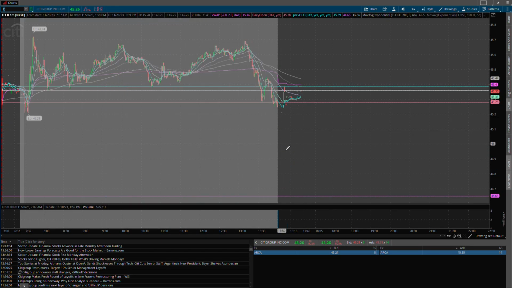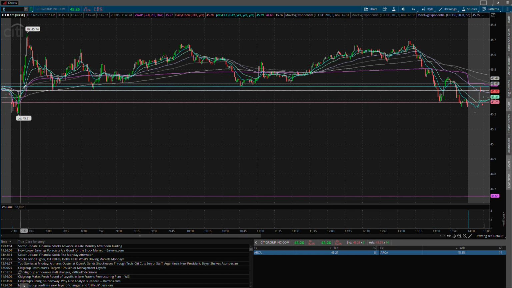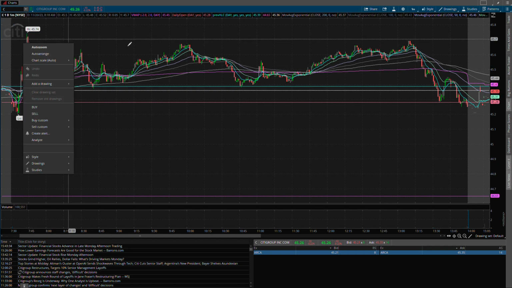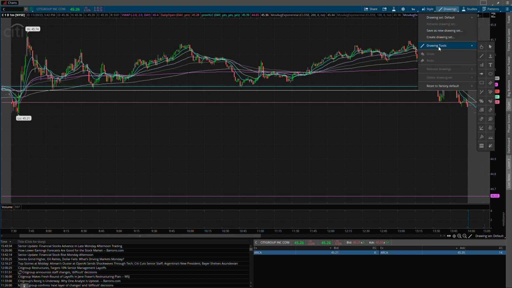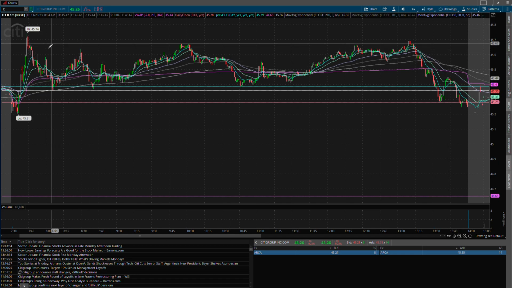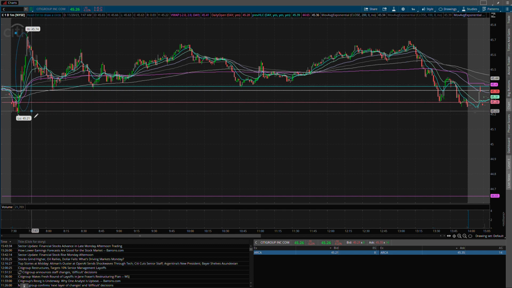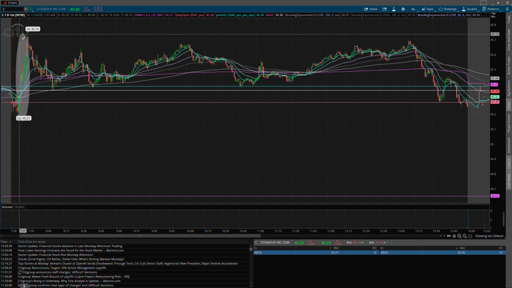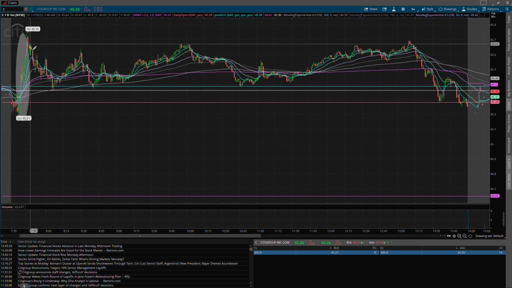So I'm looking at this situation here. See right there, that's a continuation. I could have gotten in here, so I would classify that as a continuation trade right there. And then that would be a major trend reversal right there.